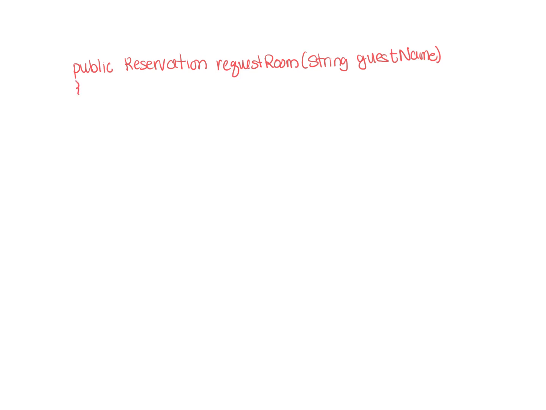So the first thing we're going to do is traverse rooms and look for a null reference. So for int i equal to 0, i less than rooms.length, because it's a regular array. Since the length is fixed, you don't need a method. So i++.